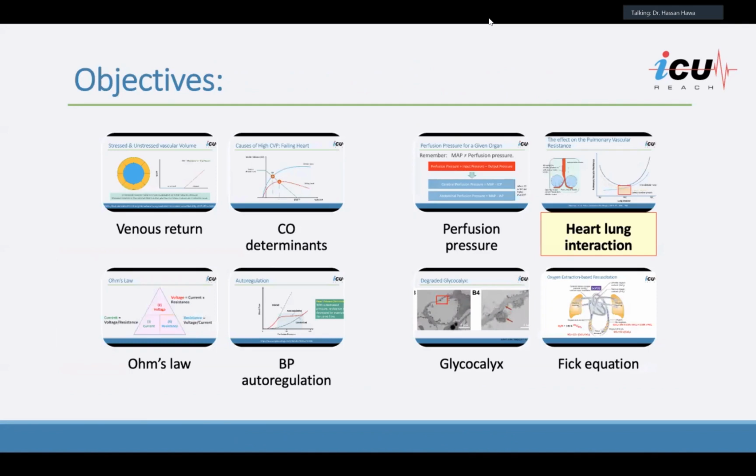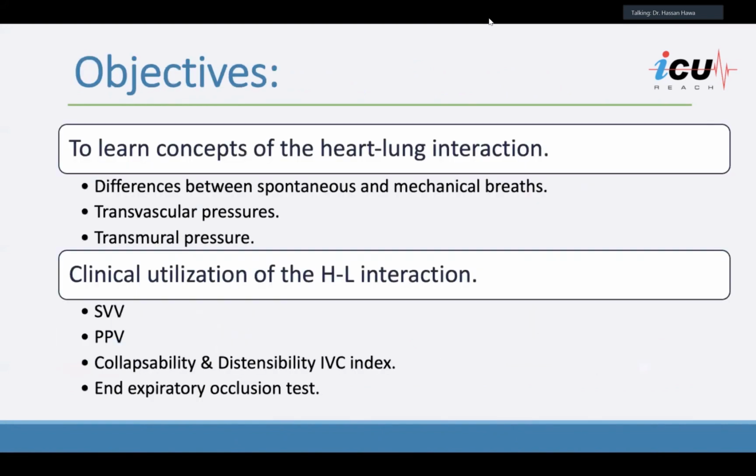Now, moving on to one of the major parts of this presentation today, which is the heart-lung interaction.